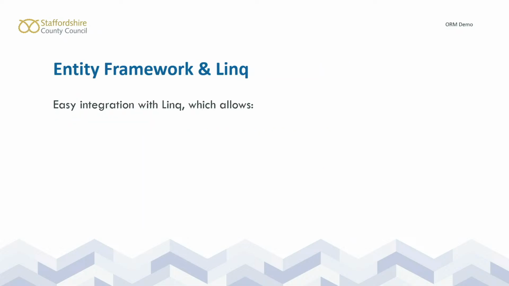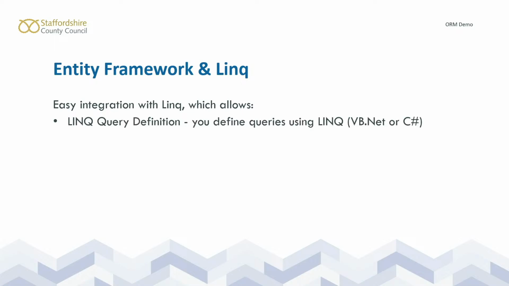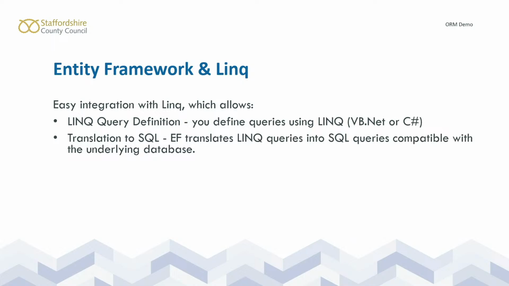That's that. But like I say, it's very easy to integrate with Link. And Link basically allows you to define a link definition using your language of your choice, VB.NET or C#. I'm not a big fan of VB.NET.